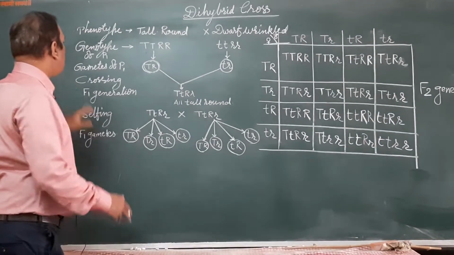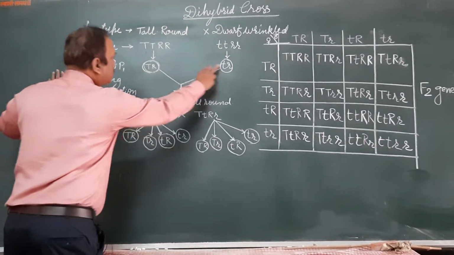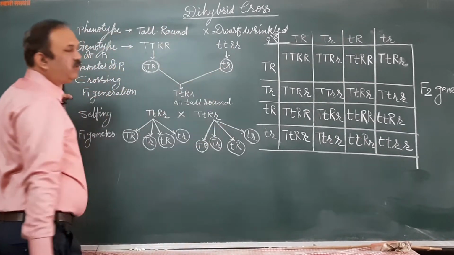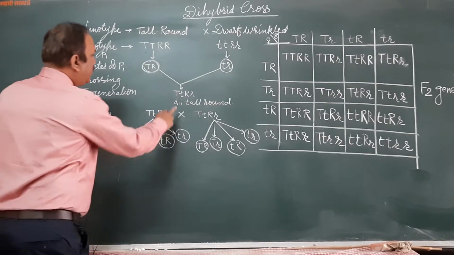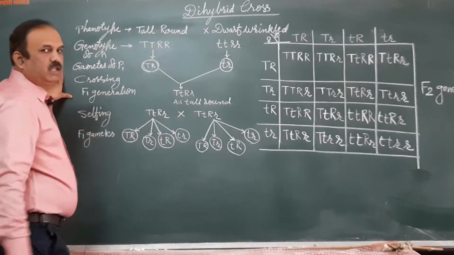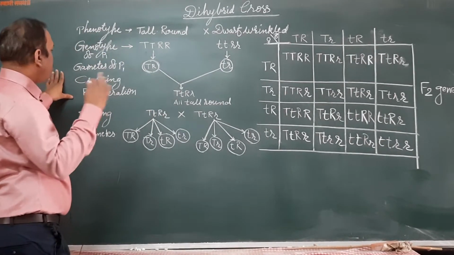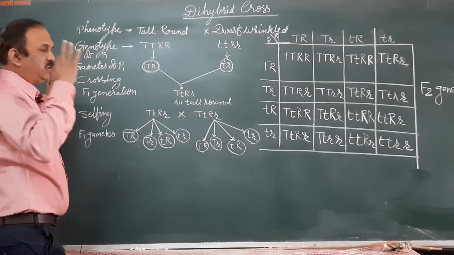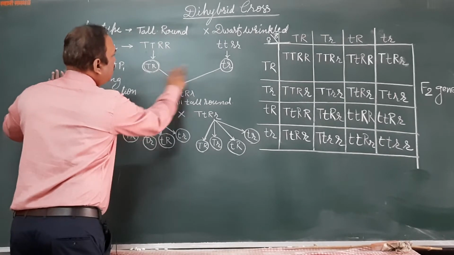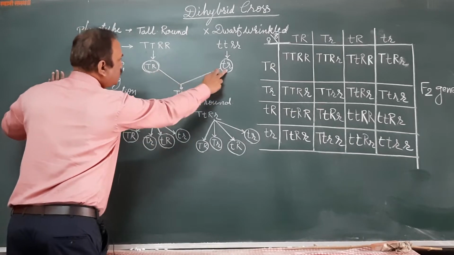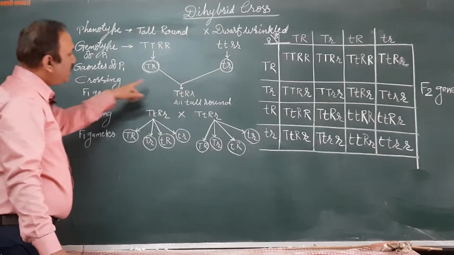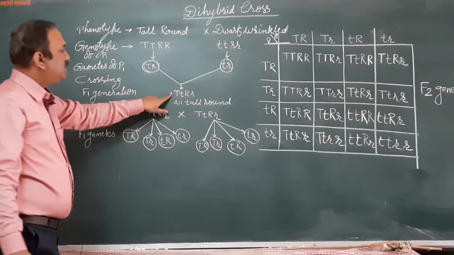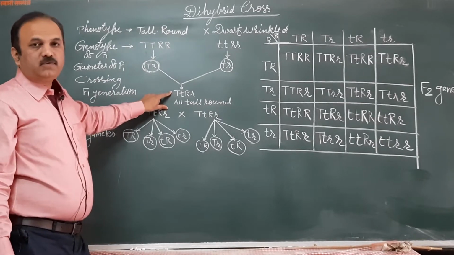Then the next step is crossing. When we cross these two plants, we are crossing the gametes. I get the first hybrid, the F1 hybrid, or F1 generation, meaning first filial generation. So it will be capital T, small t, capital R, small r. Here we can see that it also explains the law of dominance.